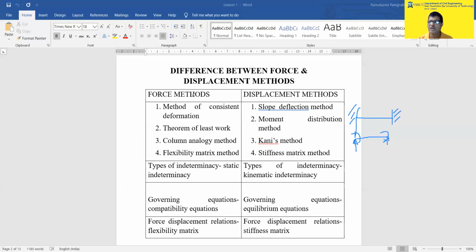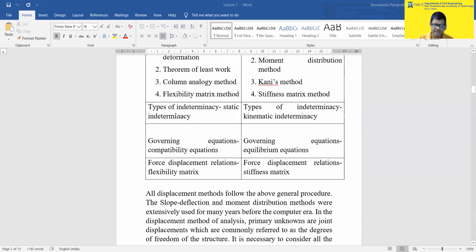The simultaneous equations can be written in a matrix format. In case of force method, it is called a flexibility matrix, and in case of the displacement method, the example is the stiffness matrix. These two matrix methods will also be discussed in module 4, in the last classes of this structural analysis 2.